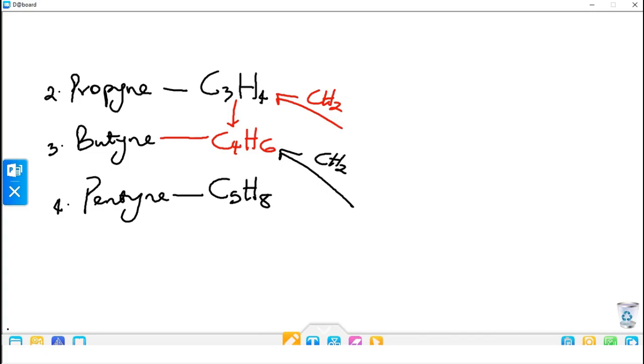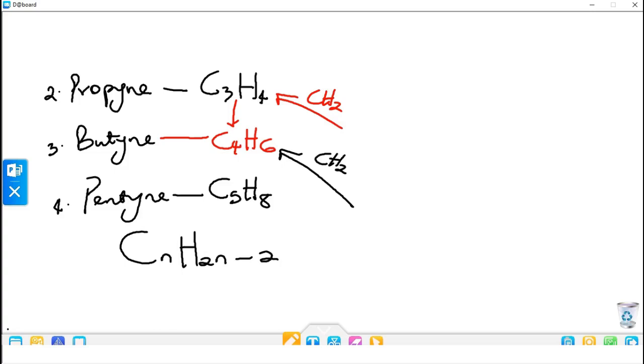So this is how to generate the molecular formula for any of the members of alkynes. Don't forget that the general molecular formula for alkynes is CnH2n-2.